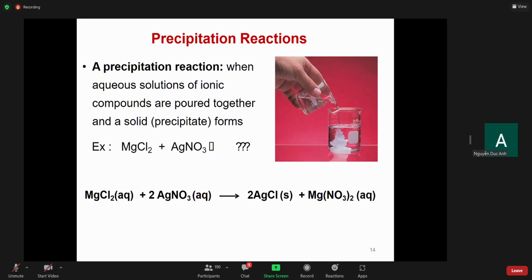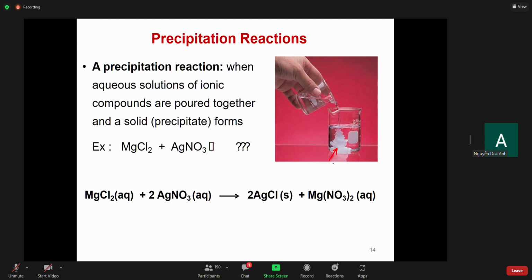The very first type of reaction, which is very simple and common, is the precipitation reaction. A precipitation reaction is a process where you have aqueous solutions of different ionic compounds. When you pour them together, you will see a solid appear.